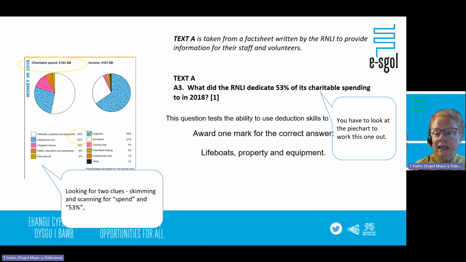We also have a key figure, 53%. So we've got to look for 53%. And when we found all of that, we will discover that it is for lifeboats, property and equipment. So 53% of the money went on lifeboats, property and equipment. And again, you would need to have that exact in order to get the mark.